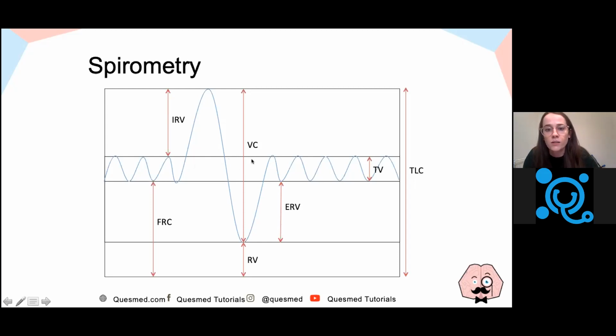So we've got our vital capacity, which is inspiratory reserve volume plus tidal volume plus expiratory reserve volume, or our functional residual capacity, which is expiratory reserve volume plus residual volume. Okay, so that's the main difference between a volume and a capacity, that the capacity is the sum of 2 or more volumes.